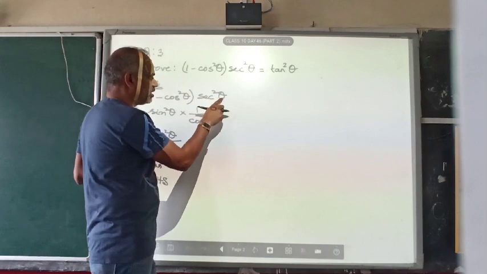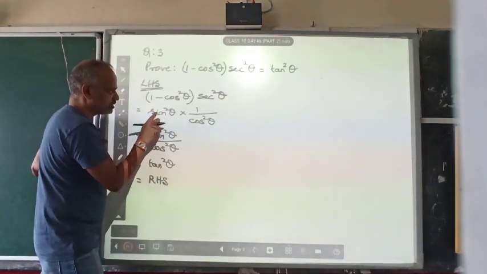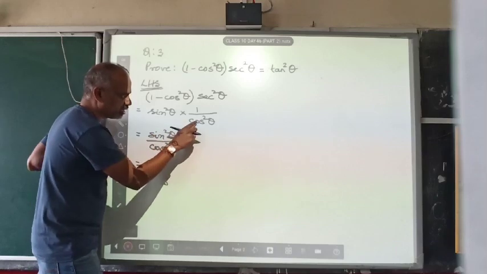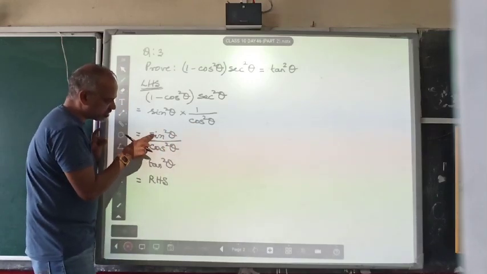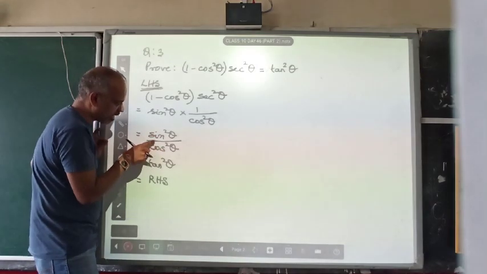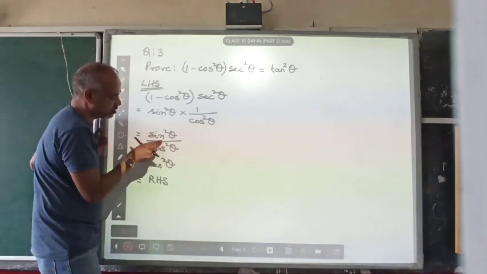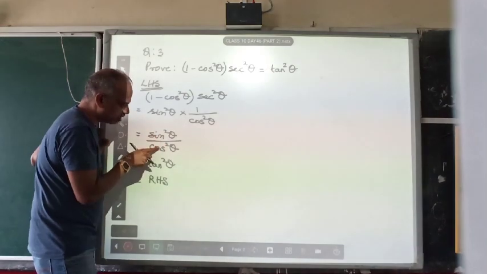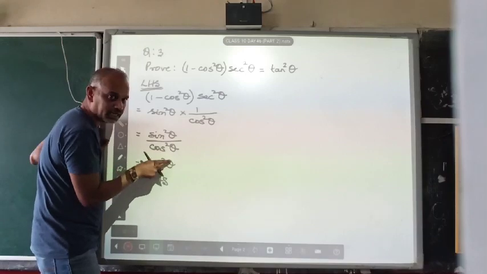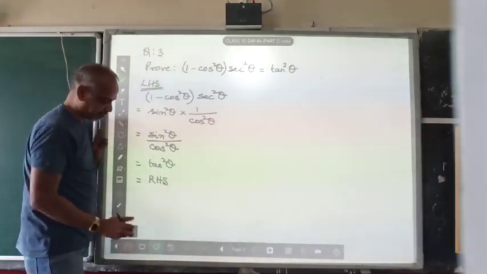Multiply both of them, that sine square theta into 1 is sine square theta by cos square theta. Look at this. This is sine divided by cos. Sine by cos is tan, but there are squares. So sine squared by cos squared is tan squared. So this can be written as tan squared theta, which is your right hand side.